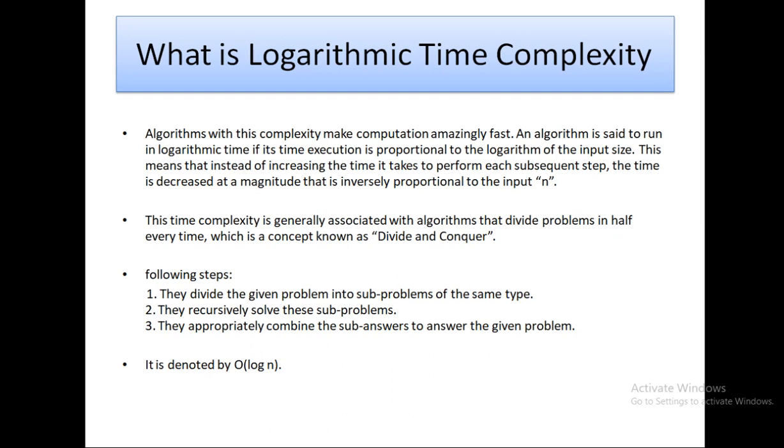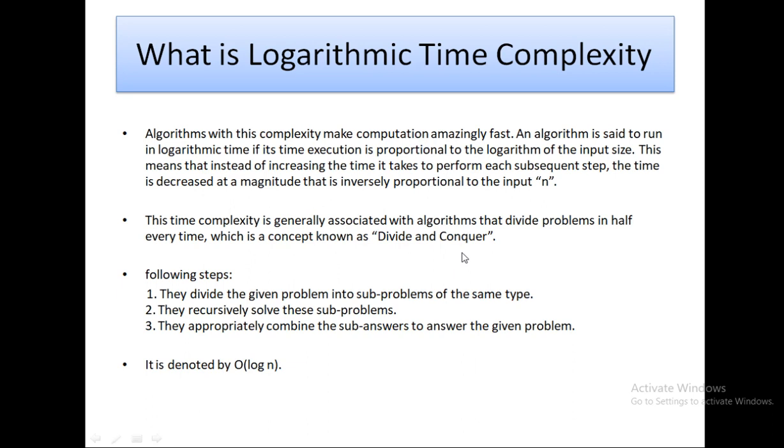That is why this particular time complexity computes amazingly fast, and works amazingly smarter also, compared to other time complexities. This time complexity is generally associated with algorithms that divide problems in half every time, a concept known as divide and conquer.